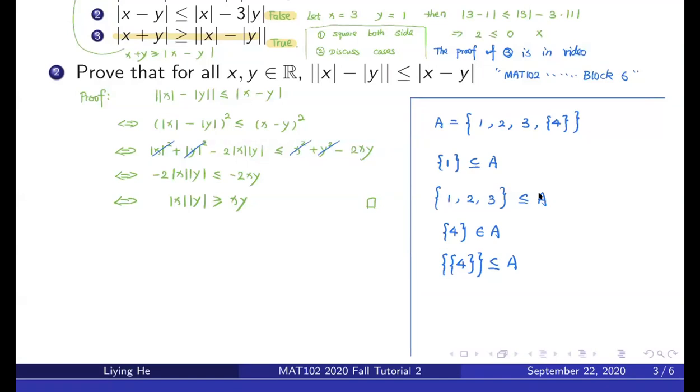It's empty. It has nothing in there. No element. That's why it's the subset of all sets. But it's not necessarily an element of all sets unless you put the empty set in a set.